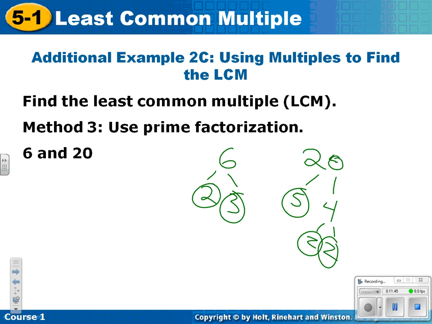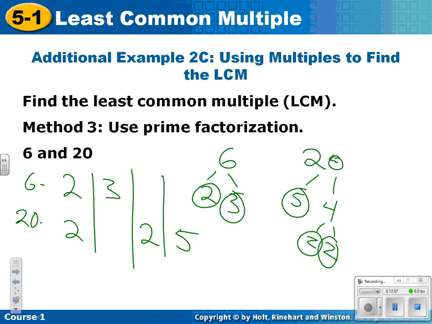Same setup as before. 6 is going to be 2 and 3. 20 is going to be the same. We have a 2 column and a 5 column. Has anything changed from what I taught you before break? Nothing has changed. This is exactly the same.